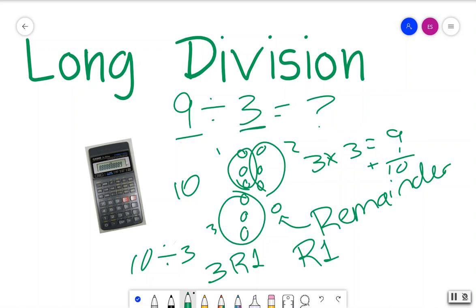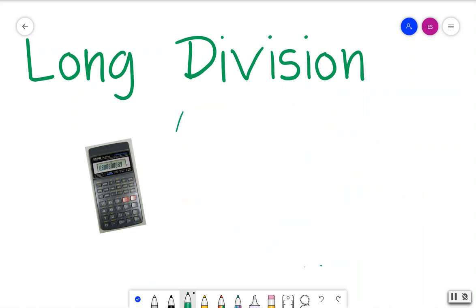Let's take a look. If I was doing this same problem, 10 divided by 3, as a long division problem, I would simply take this number, the number that it's divided by, which is also called the divisor, and I would put it on the outside of the division symbol, which looks like this, kind of like a flat plane with a curvy arm at the end.